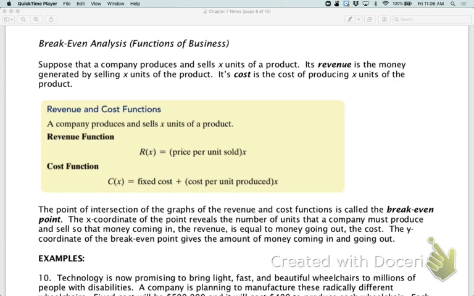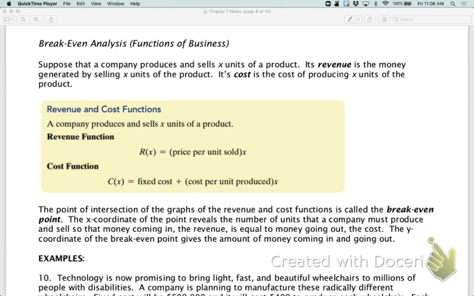Now, these two graphs, if we look at their point of intersection, the point where they intersect, which again is the solution to that system of equations, is called the break-even point, okay? So that point represents an x coordinate that tells you the number of units that you need to sell so that the money that you bring in, the revenue, is equal to the amount going out.